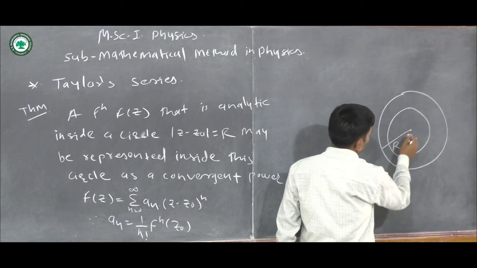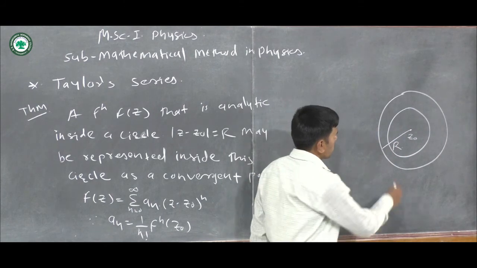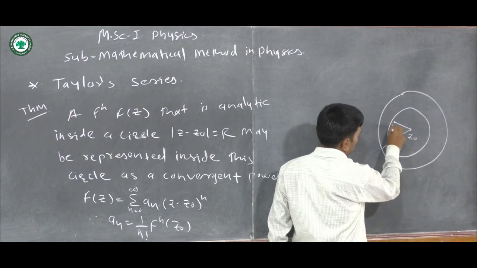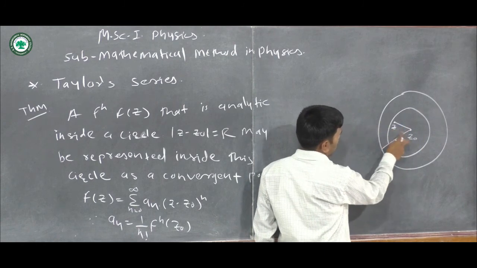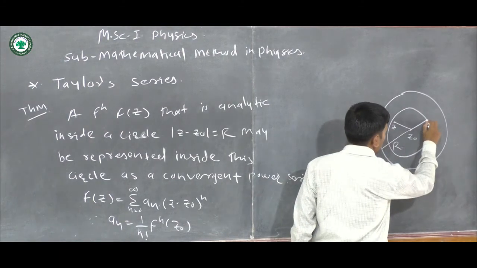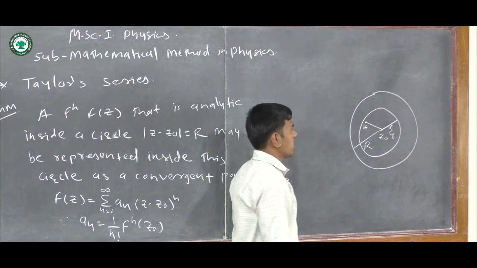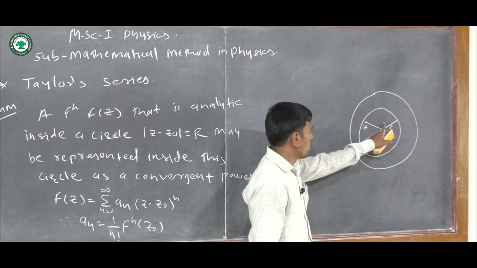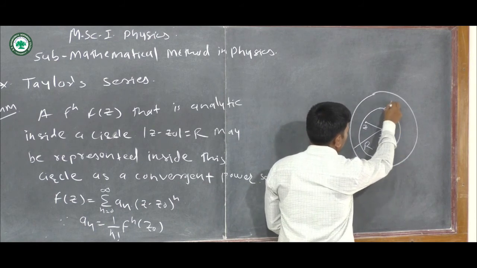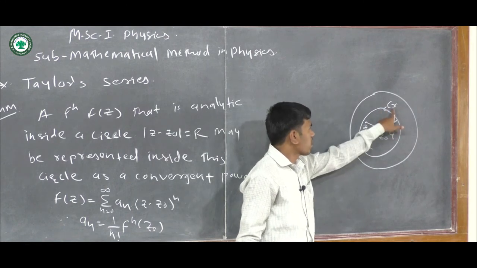I consider one arbitrary point z, and the distance from z0 to z is |z - z0|.